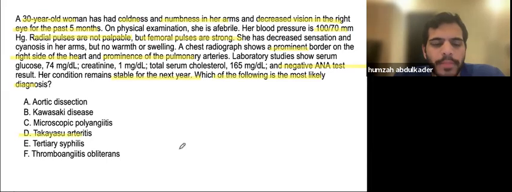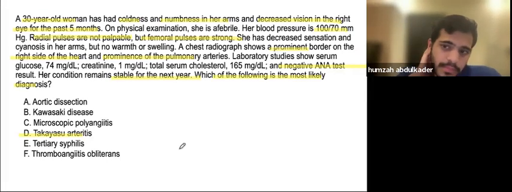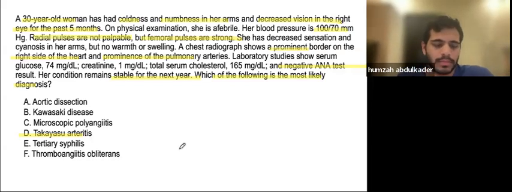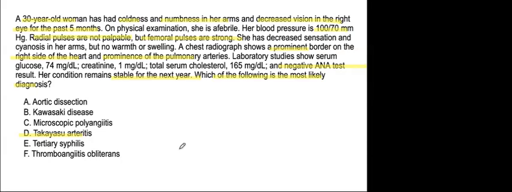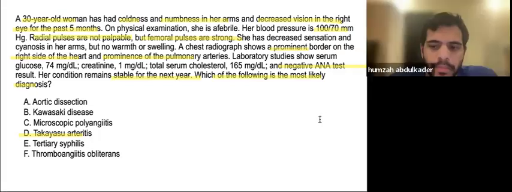D. Now what makes us say D? Why did we choose D here? One of the signs is the decrease of the vision, so it affects the ophthalmic artery. Okay. Why else though?